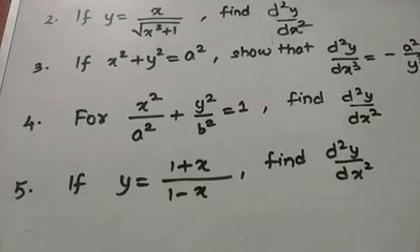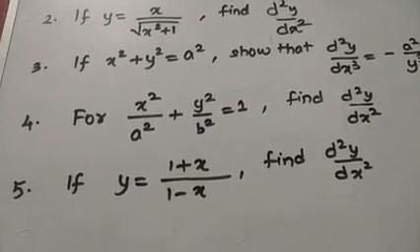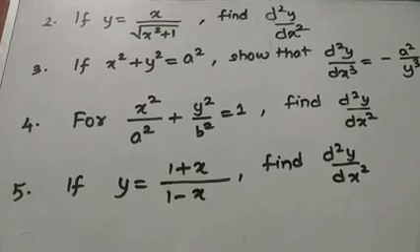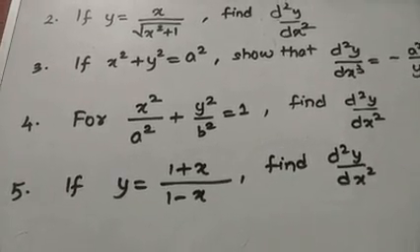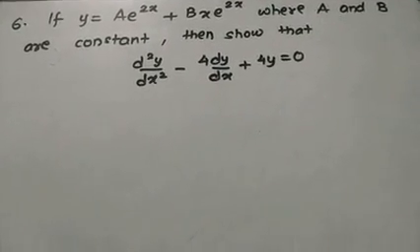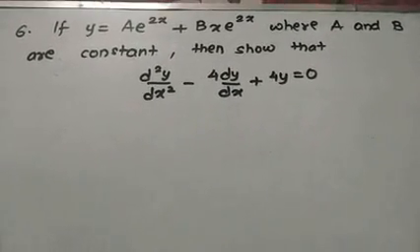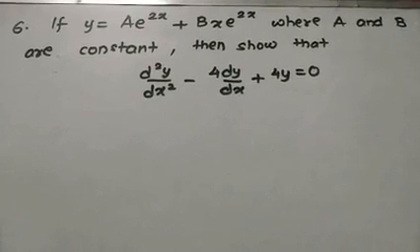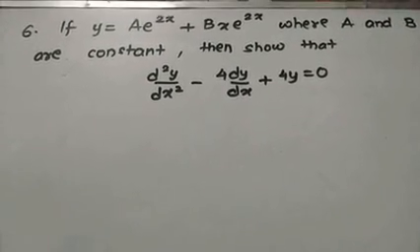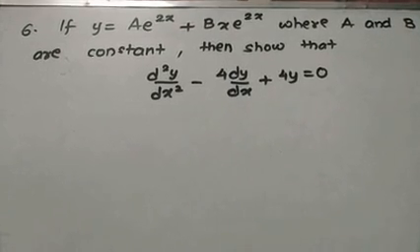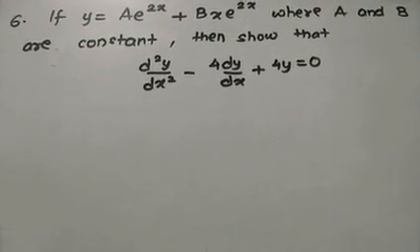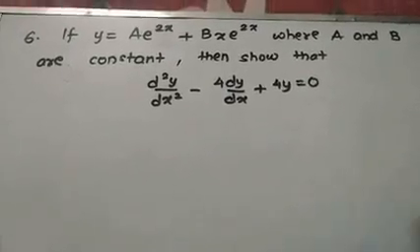Just simply find first of all their dy/dx, then further differentiate, you will get your d2y/dx2. Okay, so now the next question. Question number 6 is an interesting question. You can see that if y equals a e to the power 2x plus b x e to the power 2x, where a and b are constants, then show that d2y/dx2 minus 4 dy/dx plus 4y equals 0.